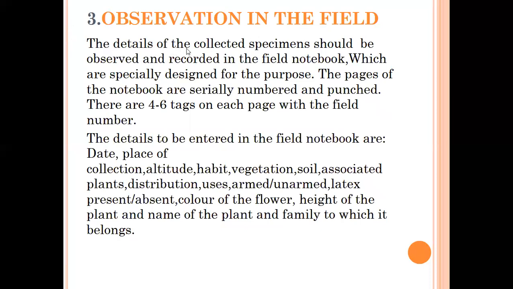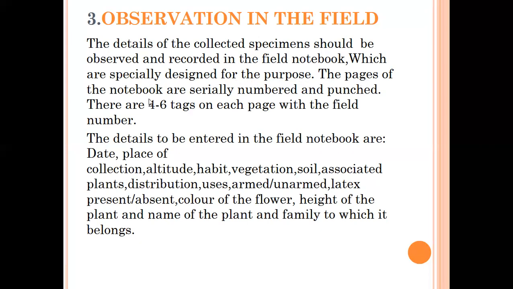The details of the collected specimens should be observed and recorded in the field notebook. Whichever is collected as a herbarium specimen should be observed and recorded in the field notebook, which is specially designed for the purpose.